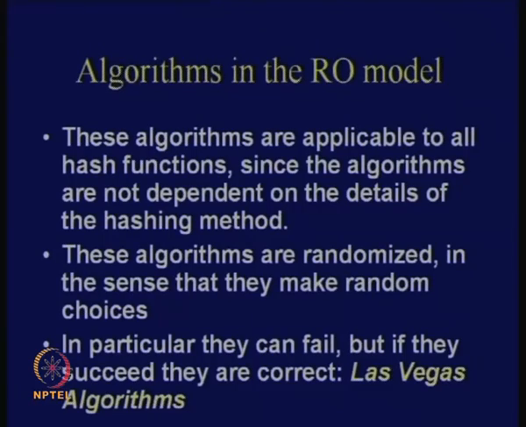The class of algorithms that we will study here are called Las Vegas algorithms. Las Vegas algorithms can fail, but if they terminate properly, then they will be successful. So if you get a result out of it, the algorithm cannot give you a wrong result. It can fail, but it will not give you a wrong result.